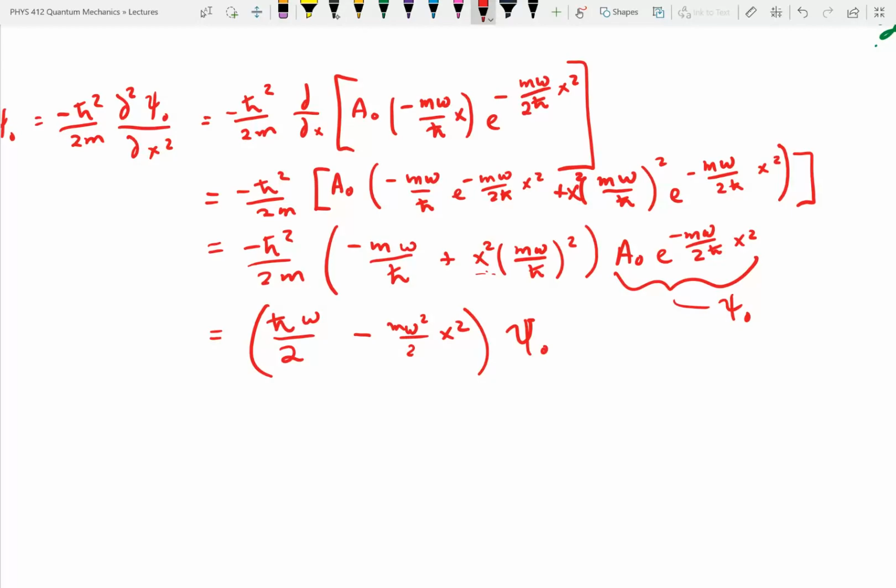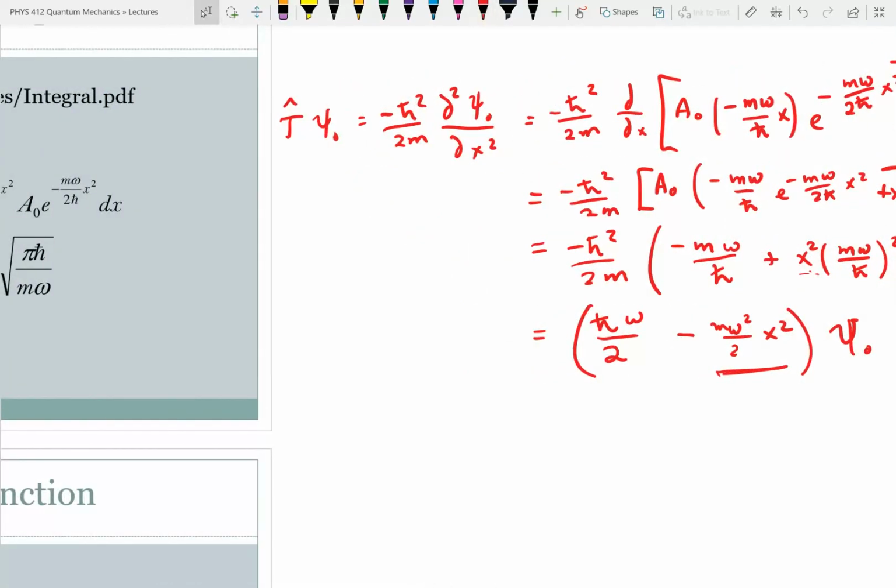So this is what I got from my kinetic energy. My potential energy is going to be plus this, so I guess it makes sense. So the total energy is h bar omega over 2. Right, because the potential energy is the easy one.